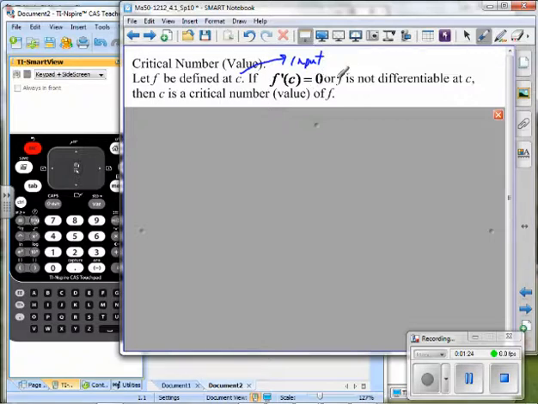Horizontal line, okay, or, this is an important or here, or if the function is not differentiable at C. We talked about functions that are non-differentiable. Things that have a sharp turn, like this, would be non-differentiable. And we have also things that actually go up and have a vertical, such as this. So if they're not differentiable, or if the derivative is 0, then C is a critical number of the function.